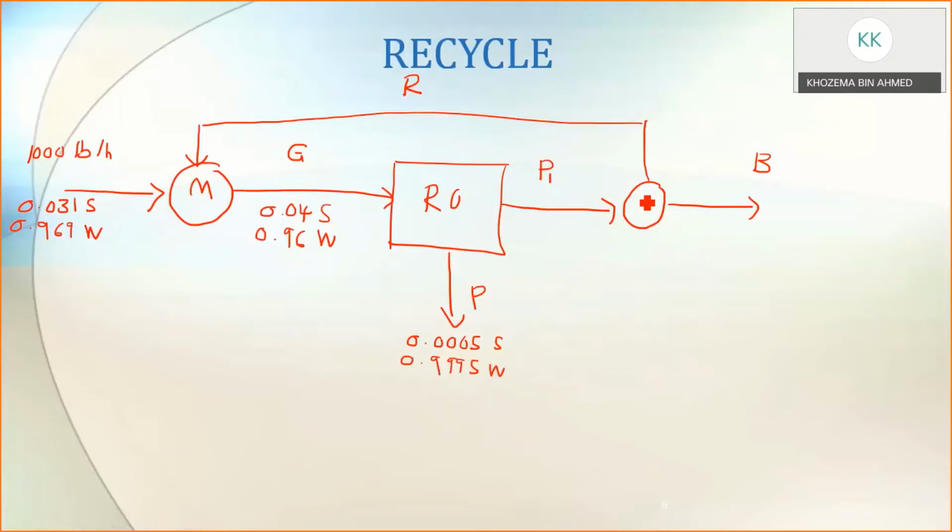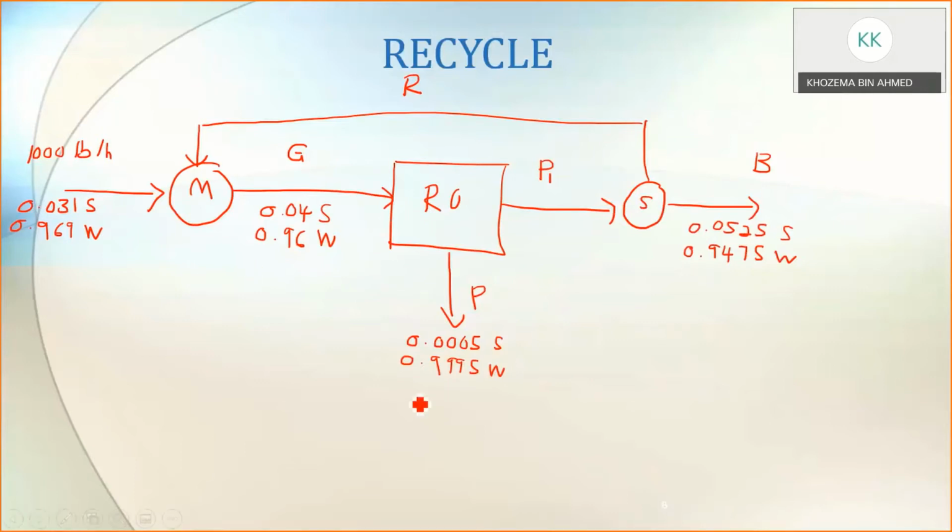This is your separator, your splitting unit. And then your brine waste has a composition of 5.25%. I can put here 0.0525 salt, and then 0.9475 water. So this is everything that we know about our system.